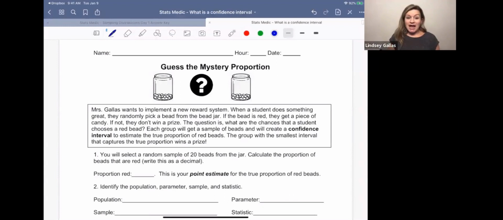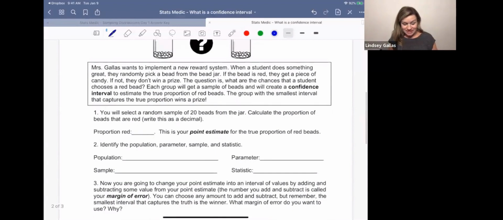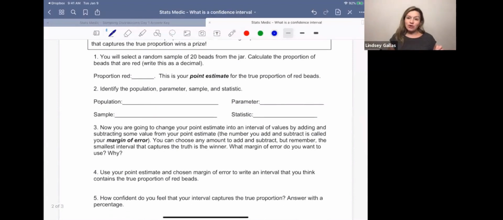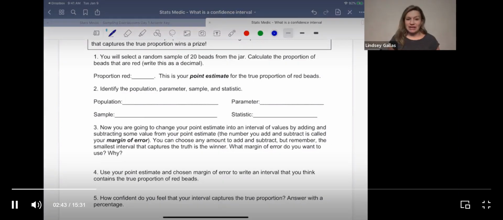So what we're going to do is I'm going to give you a sample of 20 beads. And really, I'm just going to tell you how many of them were red. So if I give you 20 beads, 7 of those beads were red. So what I'd like you to do is to work through this entire page. Again, if you were doing this in class, you would use that 7 out of 20 beads to create an interval, and you want that interval to be as tight as possible while still containing the true proportion of red beads.